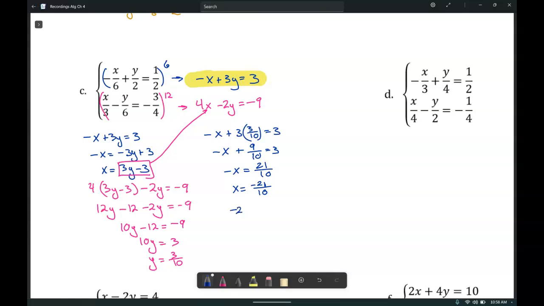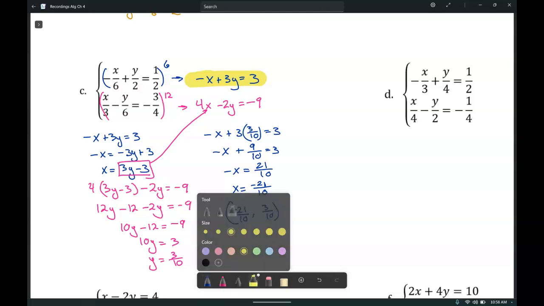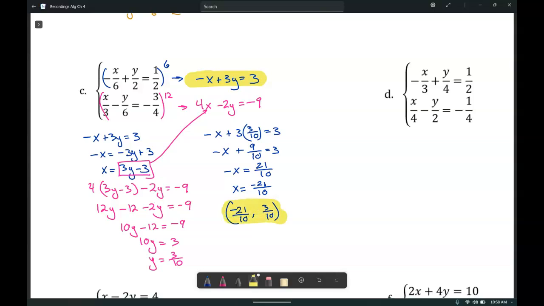And now we have our ordered pair solution, -21/10, -3/10. Again, if we want to check, make sure it works, we could go ahead and substitute it back into the second equation. And I'm not going to spend the time to do that here, but I do encourage you to try it on your own.